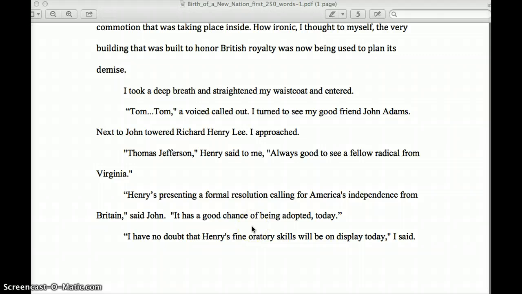This is going to be the first effort of these radicals to try to convince the other delegates to declare war on Britain. And you know in a story that your main character is not successful on the first try. So on this first attempt to get agreement from the other delegates, we know that they're not going to be successful. Okay? And then we have to continue to read the story to see how other things unfold.